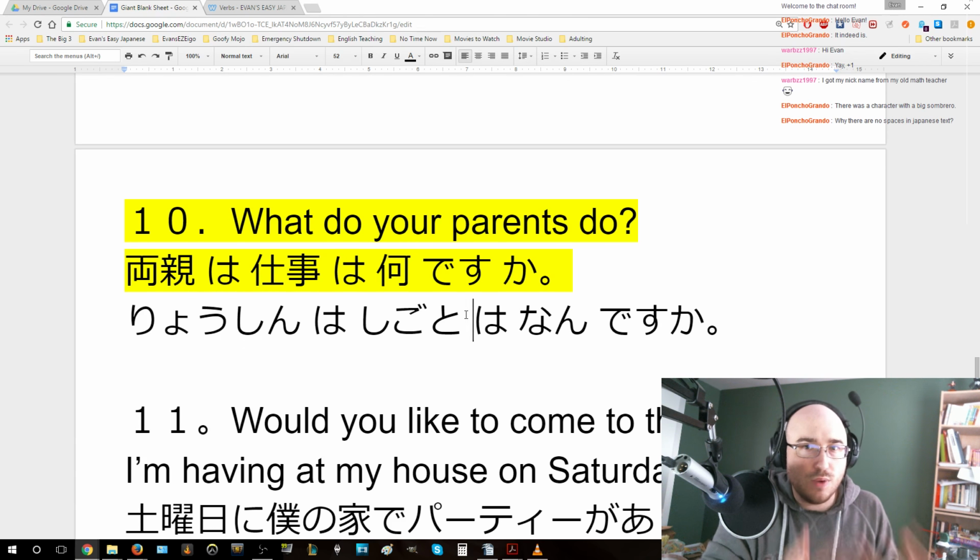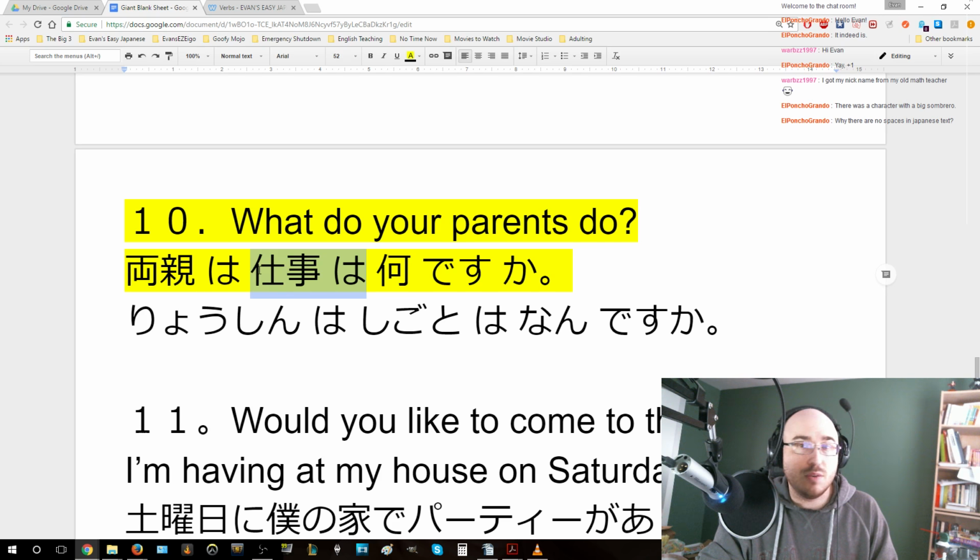We want to know what the job is, not if there's a job. See what I'm saying? There would be a ga after nan if grammatically we could put a ga there. But because we can't, but there technically sort of secretly is a ga there, this should be a wa. So shigoto wa nan desu ka?